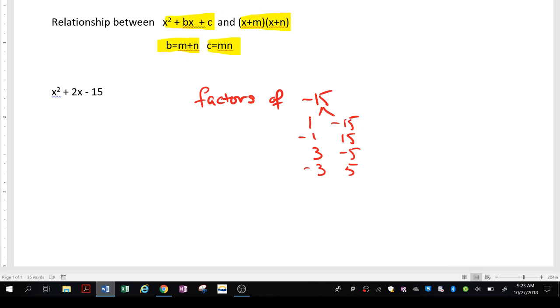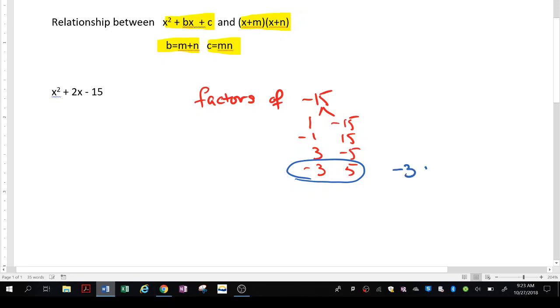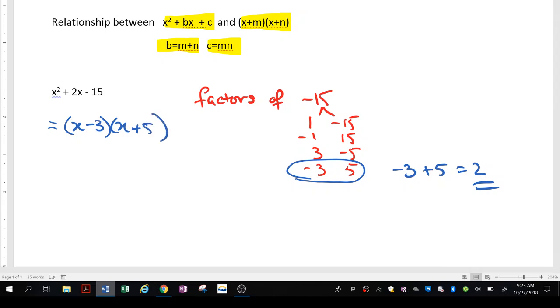In this case, we want to look at negative 3 and 5, because if you take negative 3 and add 5, you get positive 2, and that's what we want for our value for b. So we can say that this trinomial factors into the product (x minus 3)(x plus 5). And we could FOIL that to double check.